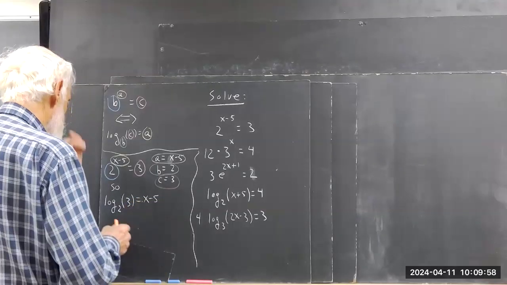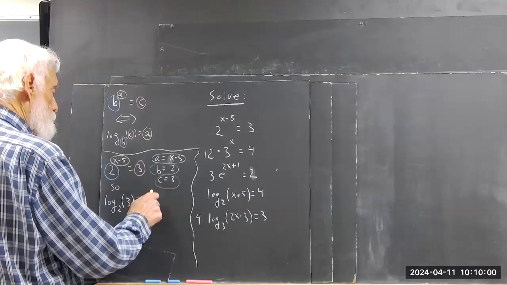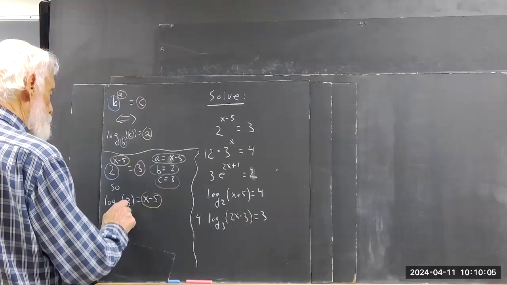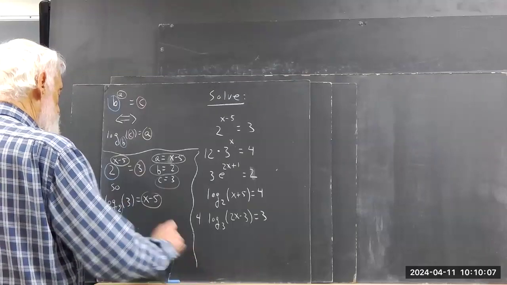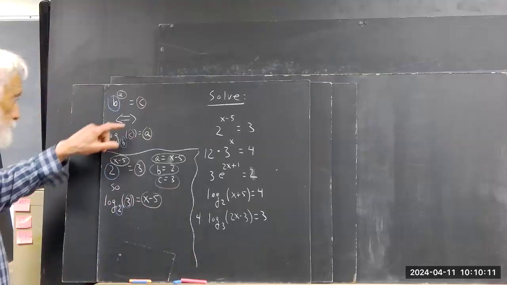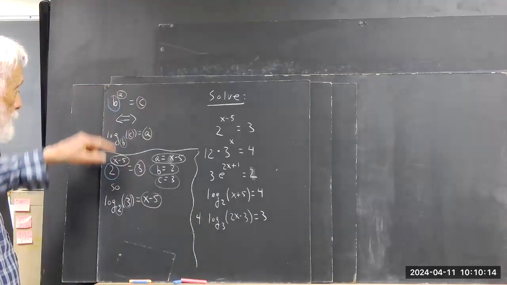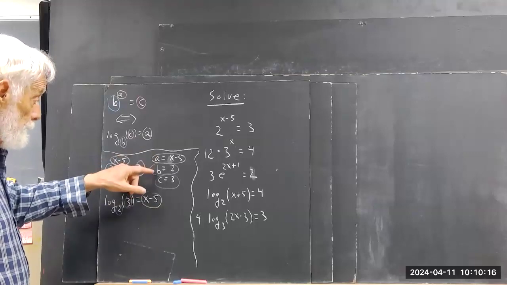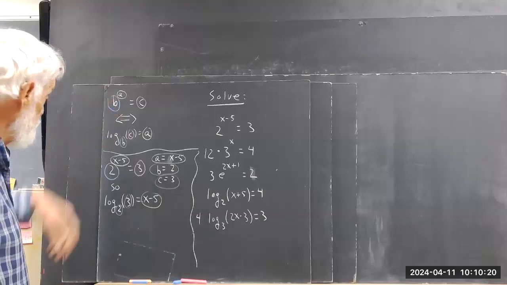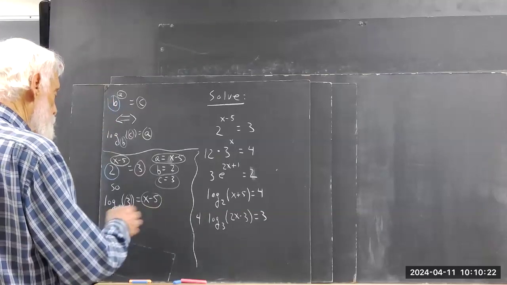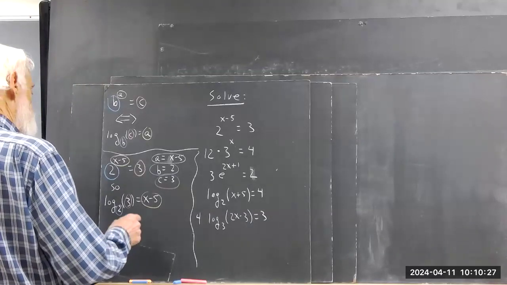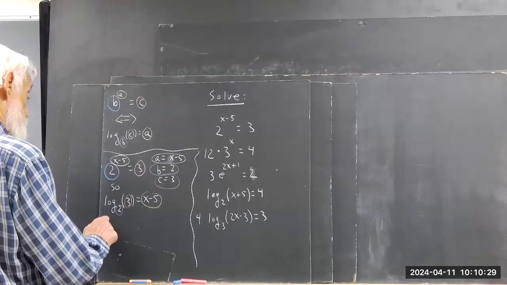Again, everything matches up, this form with this form, if we use these symbols for A, B, and C. So now we have log base 2 of 3 equals x minus 5. Do we add 5 to both sides?